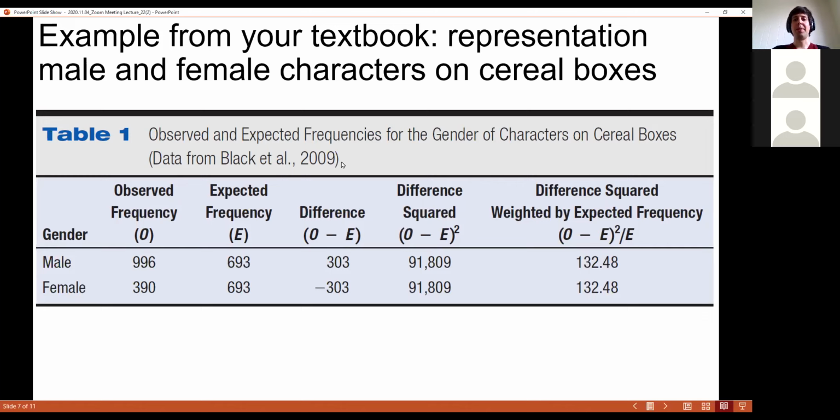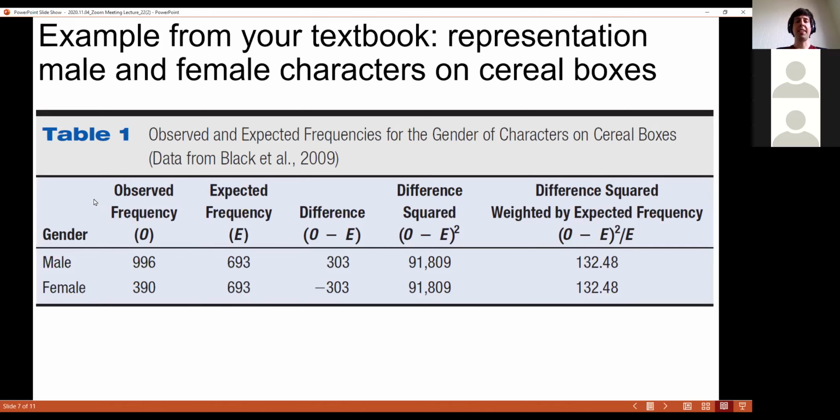Children's cereal boxes are considered media directed primarily at children because children are often the ones who want to buy sugary types of cereal. So it's an interesting example of a statistical study that was used to inform actual public policy.